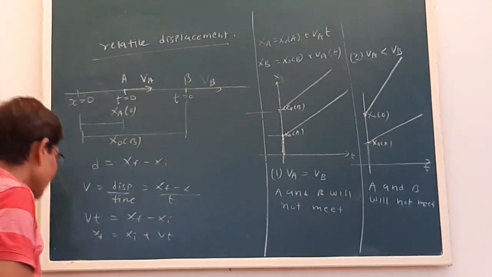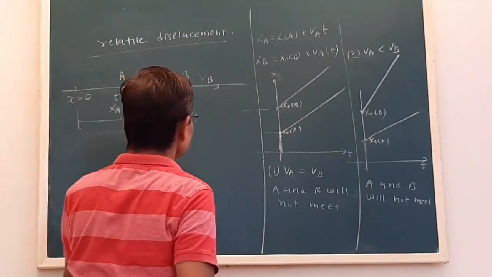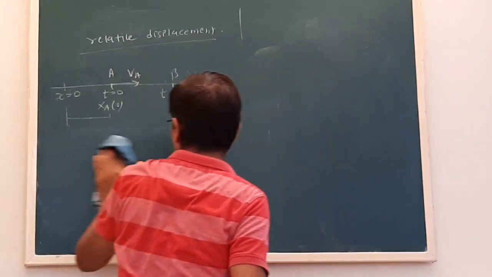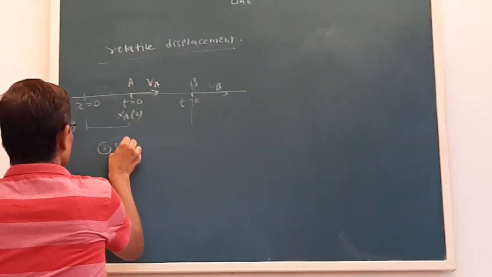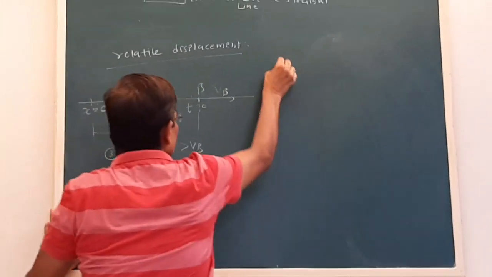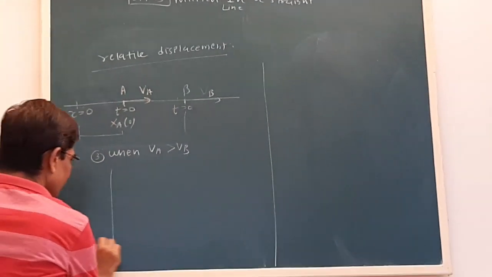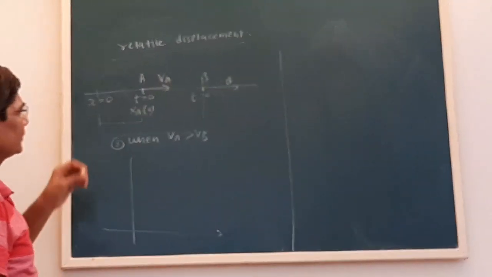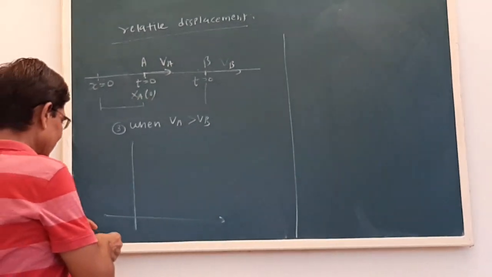Now see the third possibility, when VA is greater than VB. In a given time interval, the distance covered by A will be more than the distance covered by B, so surely they will meet.